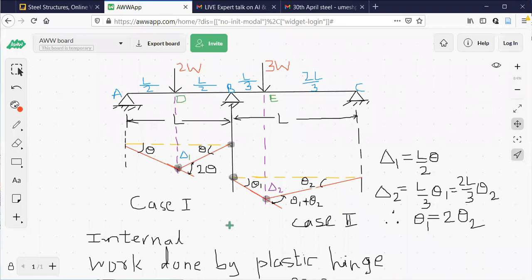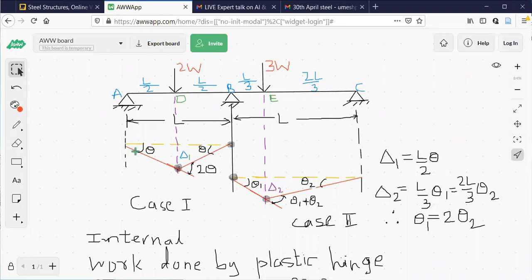Okay. Now observe this one here. Case 1. My question is here. Just observe this one. Whatever triangle I have shown here, the bottom 2 lines, this is the shape that happens because we are continuously increasing this load here. 2W is continuously increased.